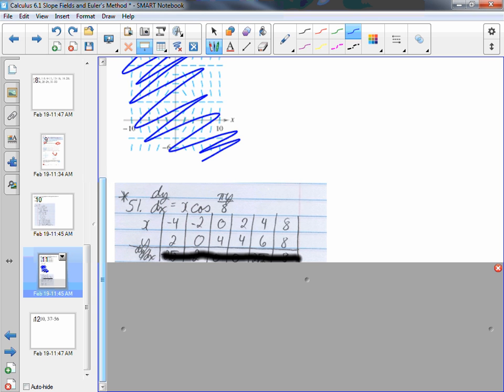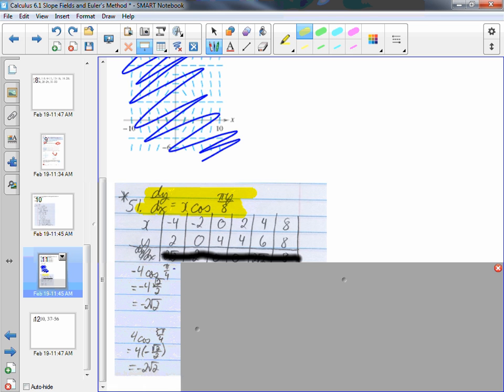All right, so we're going to use this differential equation to decide what the slope is when x equals negative 4 and y equals 2. So replace x with negative 4 and y with 2.